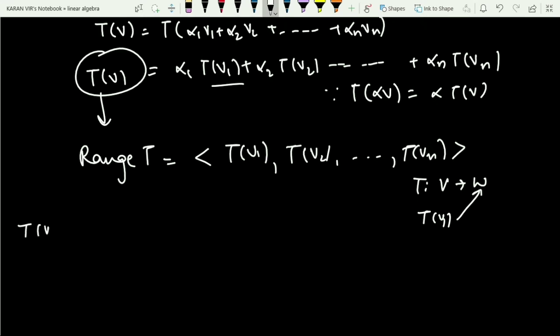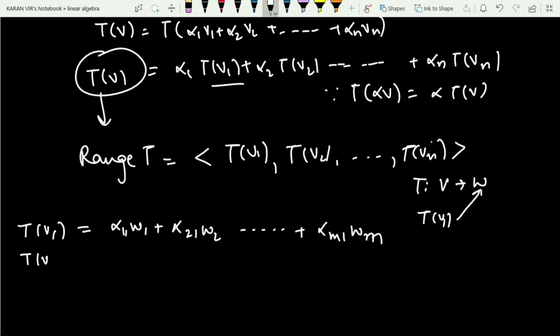So my T of v1 will be a linear combination, where let me call the scalars alpha11 w1 plus alpha21 w2 and so on to alpha m1 wm, right? So the last vector was m.